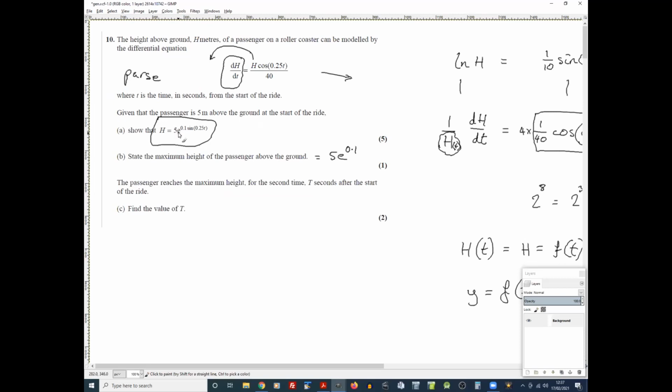Oh, and by the way, e raised to, yes, what's the minimum value going to be? We're 0.1 times minus 1, so 5e to the minus 0.1. Yeah.